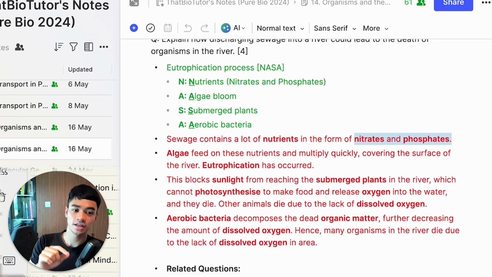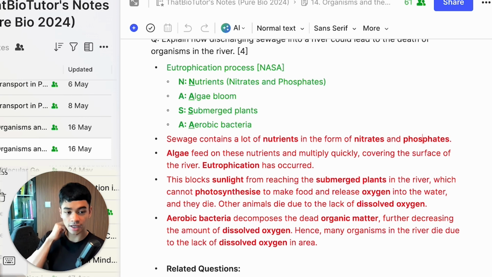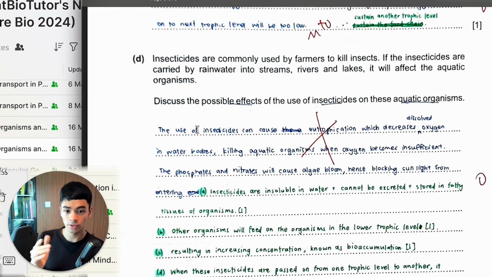One is they will say fertilizers will wash into the lake or the river or whatever the water is. Fertilizers, because fertilizers for plants have nitrates and phosphates to help the plants grow well. And the other one is sewage. So human sewage, there's a village nearby or a city, and then they throw the sewage into the body of water. Sewage has nitrates and phosphates also. So if it's one of these two, then you are correct to say this.